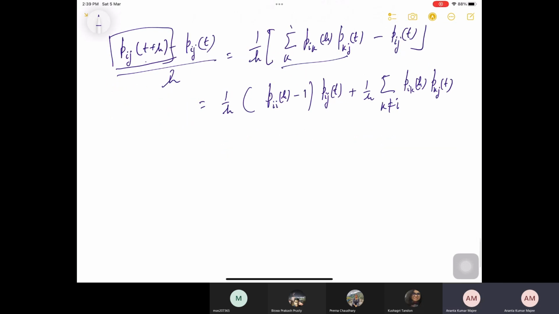So this implies, if I send my limit as h goes to 0, the left-hand side is nothing but my Pij prime of t.